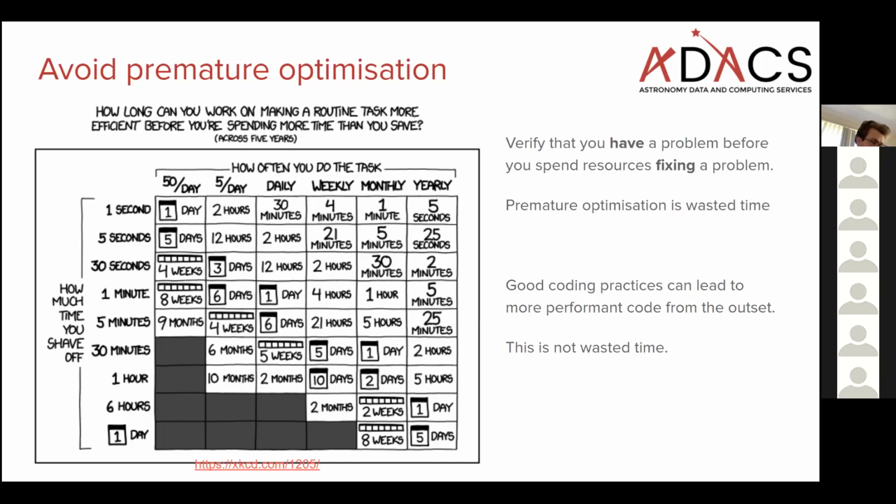But if you're doing it because you believe it's going to give you some net benefit in your research output, or it's going to make you graduate faster or something like that, then you need to step back and think about how much time I am spending optimizing versus how much time I am going to save.